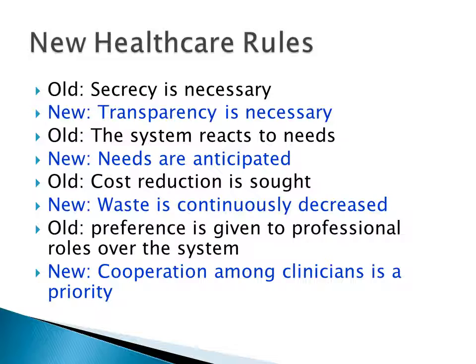In the old system, the system reacted to needs, and now we really need to anticipate needs. Just like when we're caring for young families, we try to anticipate the next developmental step that any child is taking when we're working with parents. In the old system, we were trying to reduce cost, and that's not a bad thing, but what we need to do in the new system isn't worry so much about cost reduction, but decreasing waste.